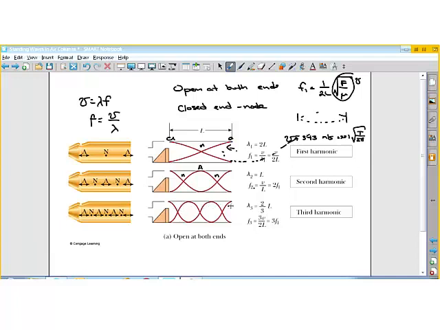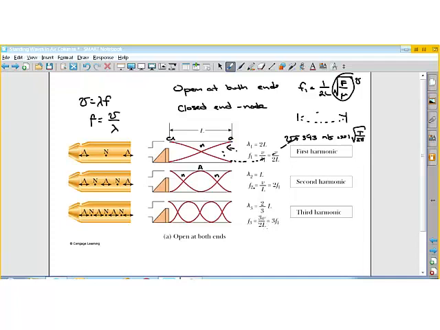The wavelength is going to be equal to 3 halves of lambda equals the length of the tube, or you can solve for lambda. It's 2/3 L. If you plug that in for the wavelength here, you get 3 halves the velocity divided by L.